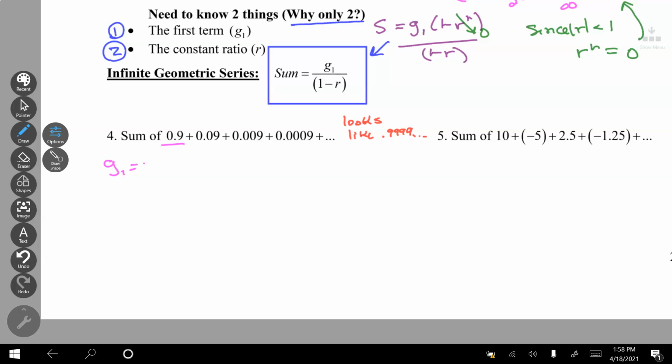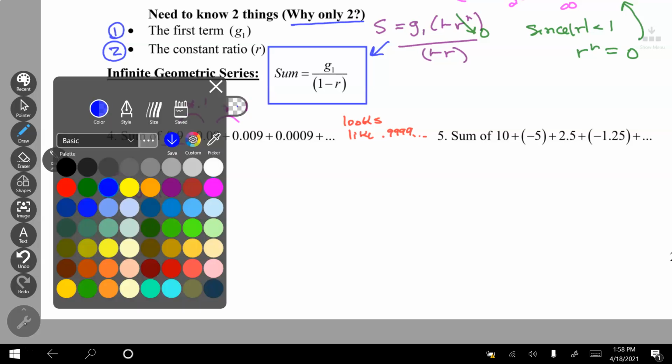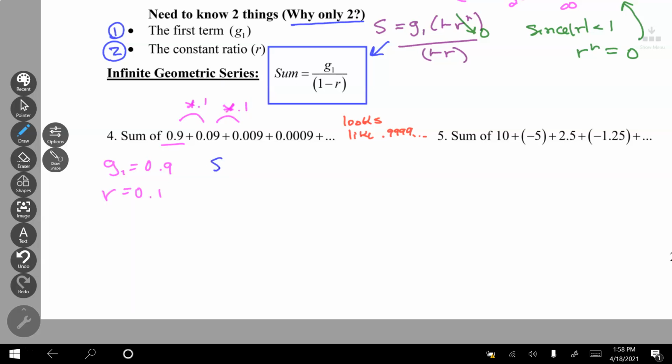There's my first term, 0.9, and every time I multiply by 0.1. So my r value is 0.1. If I use this formula here in the blue box, my sum is equal to 0.9 over parentheses 1 minus 0.1, which is equal to 0.9 over 0.9, and that sum is equal to 1.